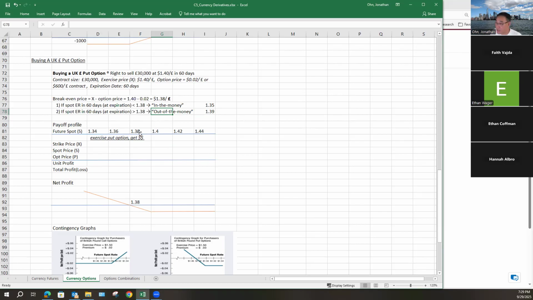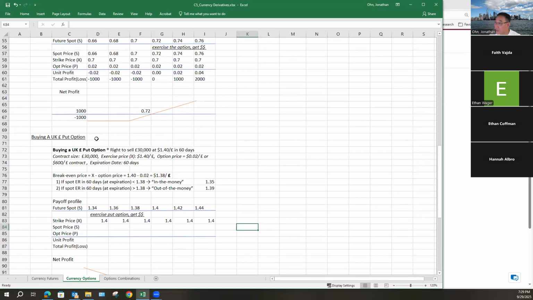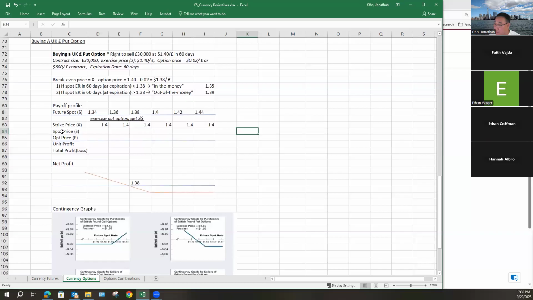Now, if the future spot rate is this way, and the strike price is your selling price, so you have to put $1.40 and copy all of your selling price. Then you have to pay the option price, and use the spot price to calculate net profit here. Spot price is this one.